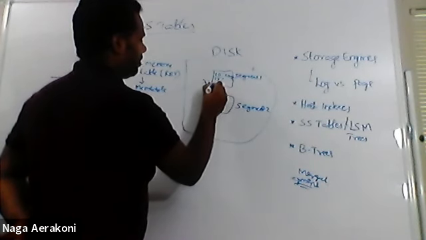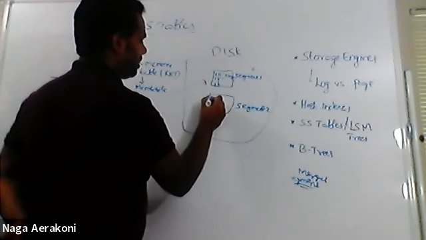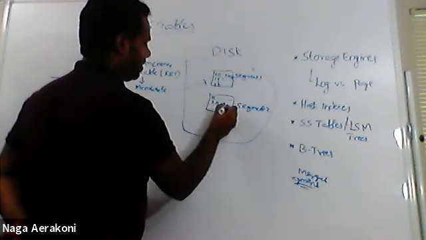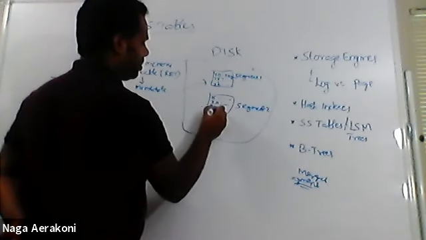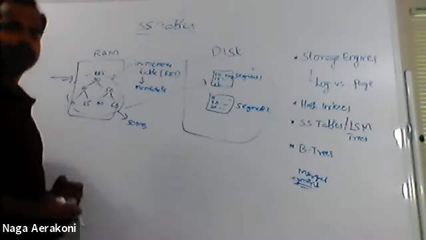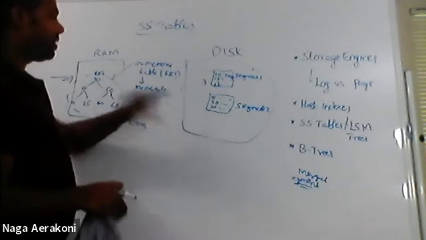Similarly you will have 20 with some other value. Let's say this one also has 15 with some value, and 20 with some value. So this is how these things are happening.